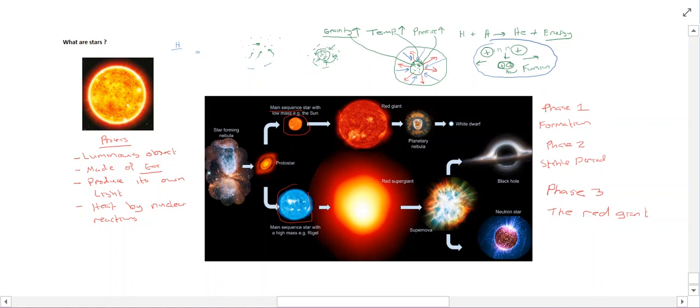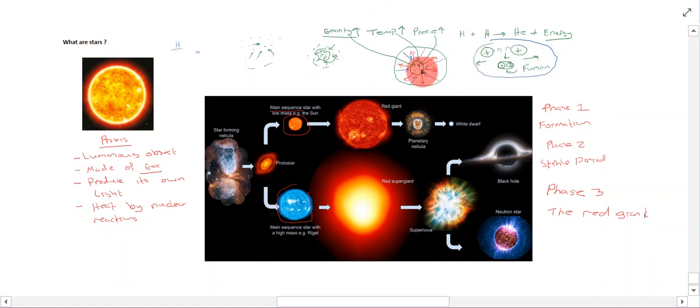So what we want to think about is, let's say when a star starts to form, you have a core, and in the core gravity is compressing everything together. When particles are compressed together and moving around and spinning, the temperature increases, and when the temperature gets sufficiently high, the hydrogen core is going to start fusion.